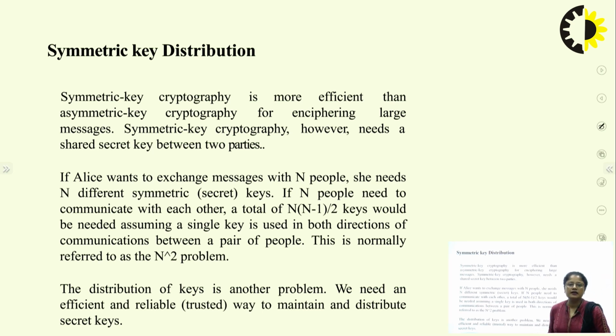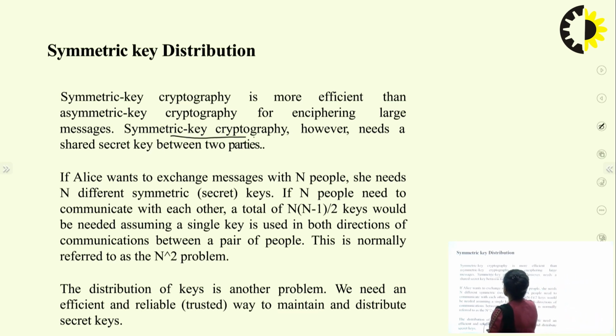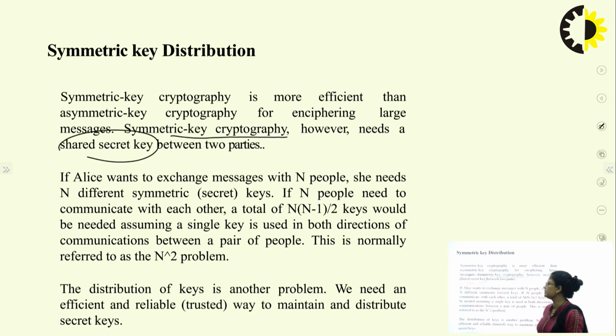In key management, we'll be focusing on symmetric key management, where a single key is used at the sender's and the receiver's end for encryption as well as decryption. So for symmetric cryptography, we need a single shared key by both parties, meaning the sender and the receiver.